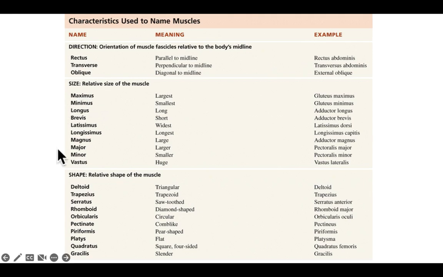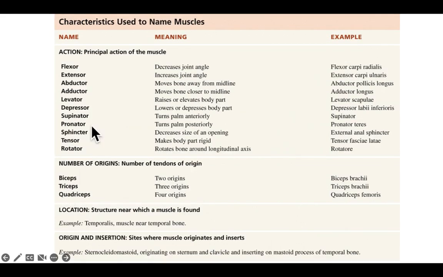Then these are all size words. These are all shapes. On the next slide, we could use actions. So flexor, extensor, abductor, adductor, all right, levator, depressor, all right, those are all action names. So for example, if you get to a muscle called the flexor carpi radialis, you ask yourself, what does flexing mean?